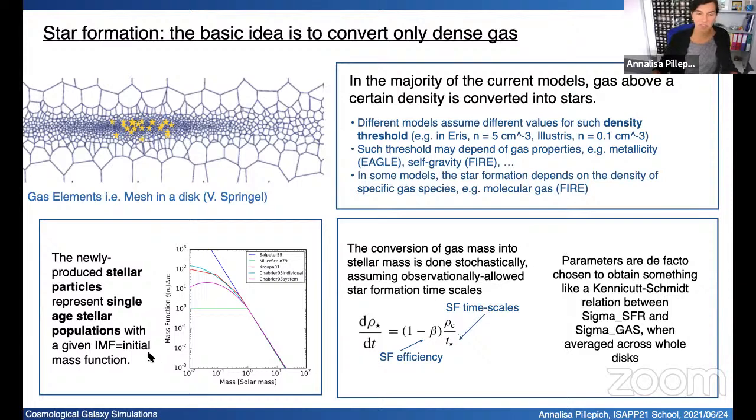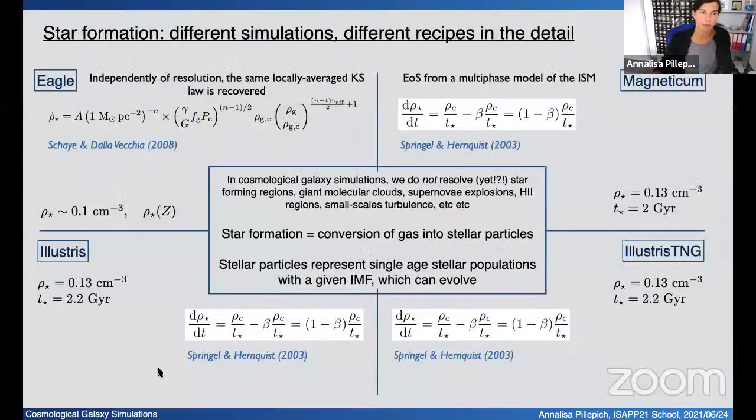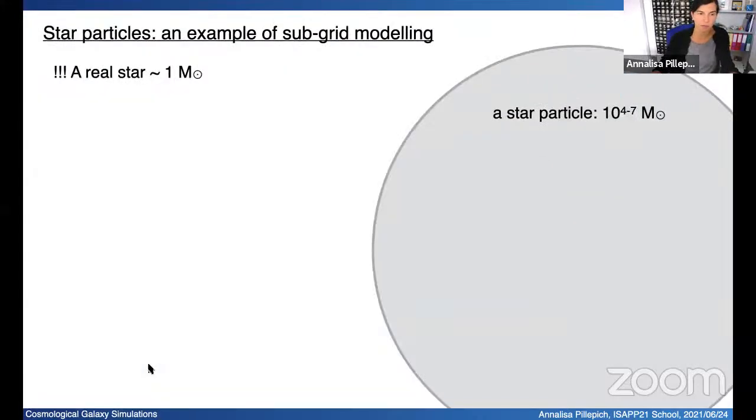Is this clear? Star formation in this code is conversion of gas elements, particles or cells, into stellar particles. And people do it differently. I skip on this, but I leave it in the slides for your reference. So the stellar particles give a beautiful example of what subgrid modeling means, okay?